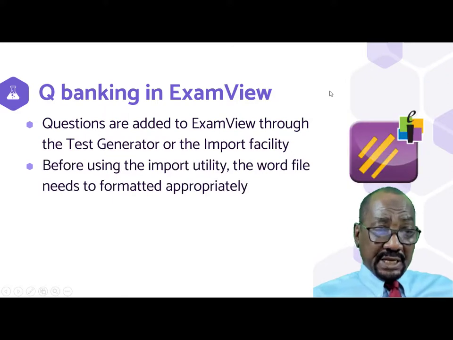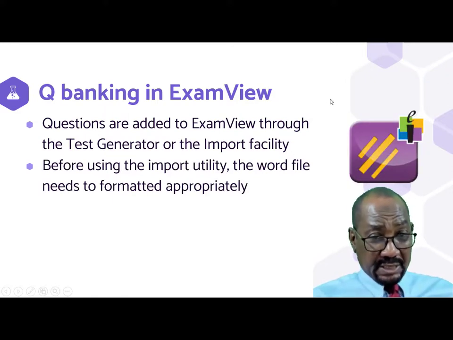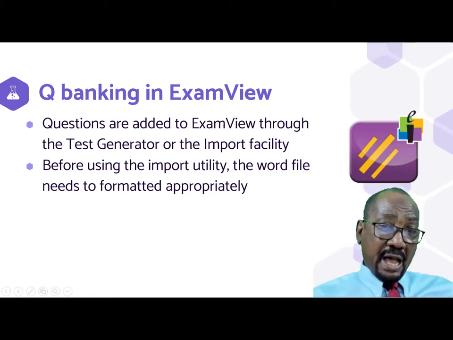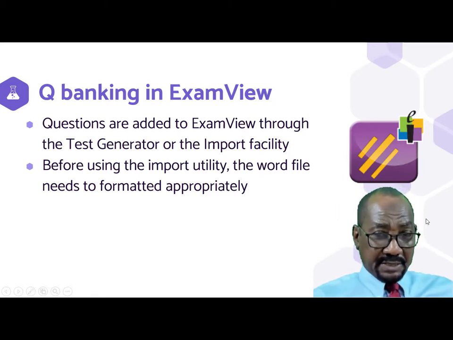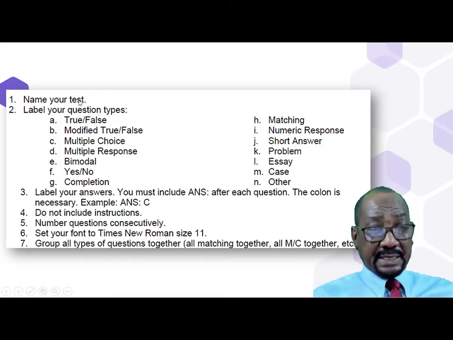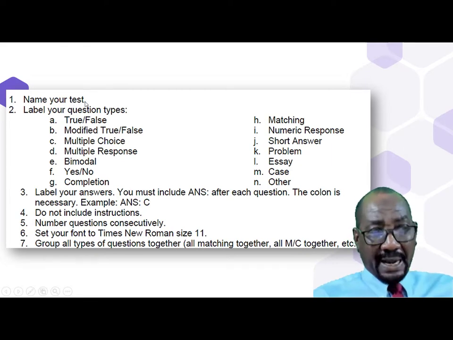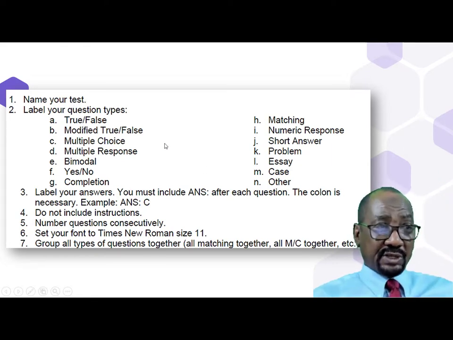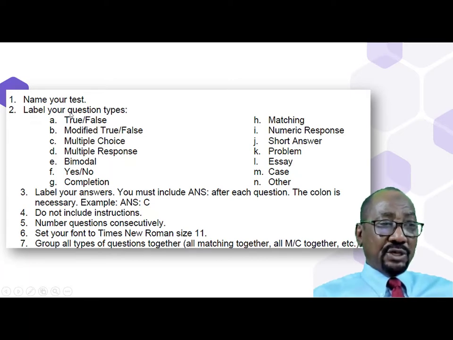Now, before using the import facility to add questions, the Word file needs to be formatted appropriately. So ExamView accepts a specific format for importing questions. And this is the format. First, you name your test, or you name your bank. You put at the top a label that is going to be used for the bank. Then you label your question type.